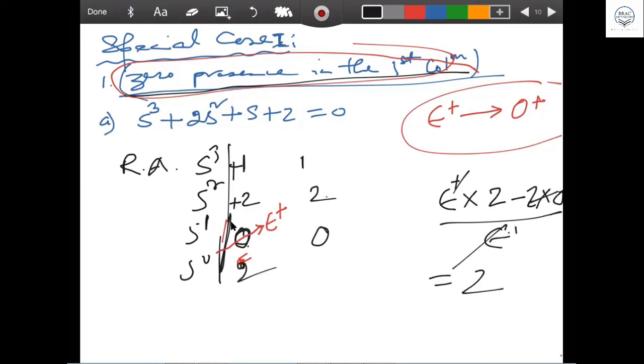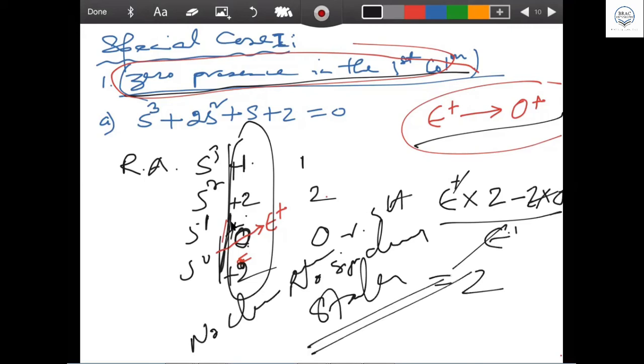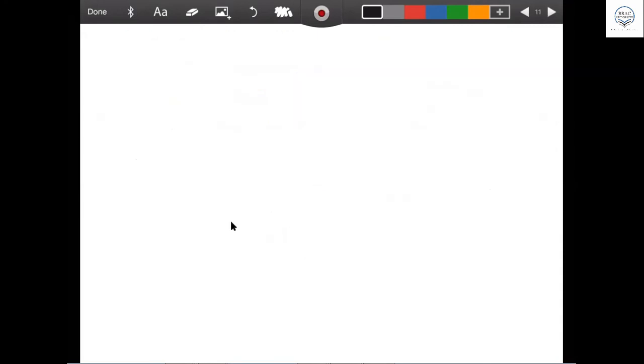So if you look at the first column, it is plus, plus, plus, 2, plus, and epsilon plus is positive, so all positive, no sign changes, so the system is stable. There will be no closed loop poles on the right half plane, so the system is stable here. This is the way you have to answer the question, that all are positive, you have to show. I think you got the point, what I mean.